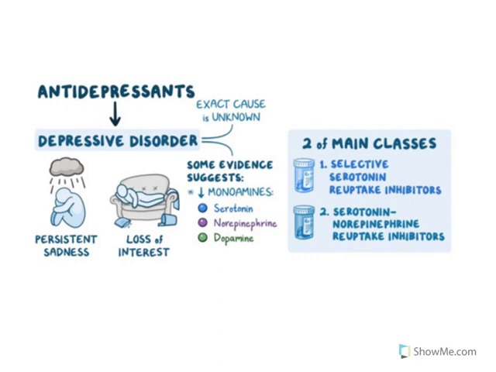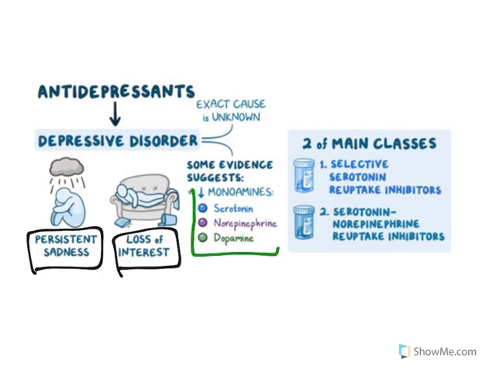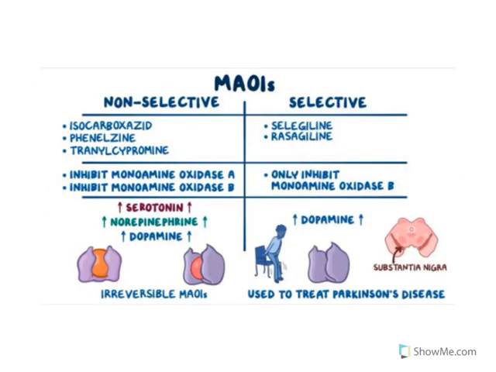Depression is characterized by persistent sadness and loss of interest. The monoamine theory suggests that decreased levels of serotonin, norepinephrine, dopamine is what is causing this problem. The major classes are SSRIs, and serotonin norepinephrine reuptake inhibitors are also there. The next class is monoamine oxidase inhibitors. We have two different types, non-selective and selective.